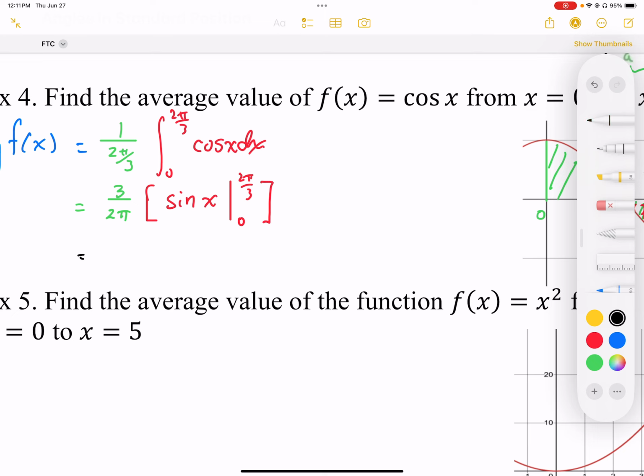Plugging that in, I end up with 3 over 2 pi times sine of 2 pi over 3. Sine of 2 pi over 3, that's 60 degrees, so that's going to be root 3 over 2. And then sine 0 is 0.